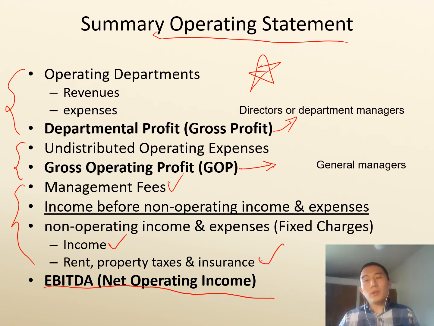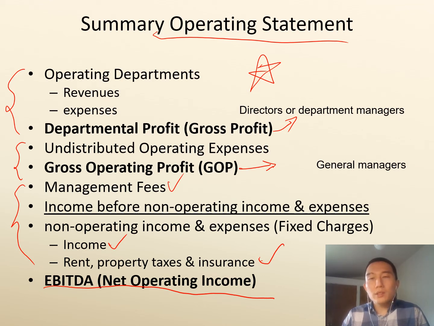Some non-operating income examples are the income we get from the disposal of fixed assets, like we mentioned in the balance sheet lesson. Other examples are the gain we get from some short-term investment, for example, when we sold some stock we held. All of these are non-operating income, because they are not directly related to our hotel operations.